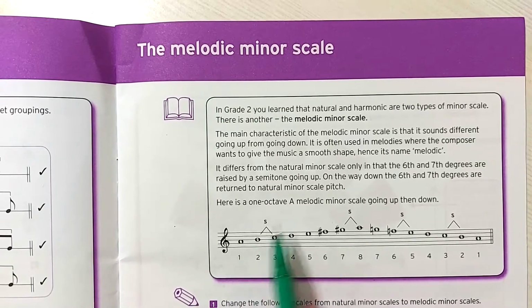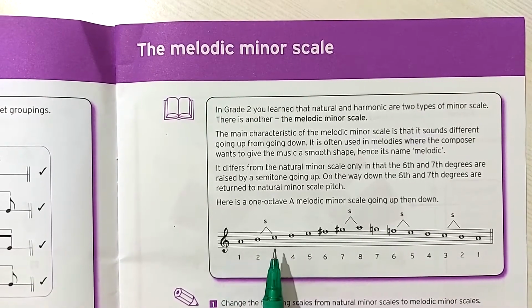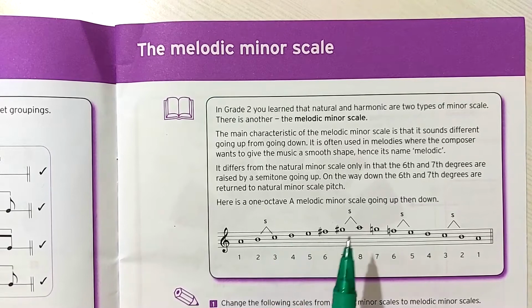In simple terms, if you know the formula of minor scale, that is whole, half, whole, whole, half, whole, whole. And in the harmonic, we just raise. Okay, let me just show you by the keyboard only. It will be easier for you to understand.